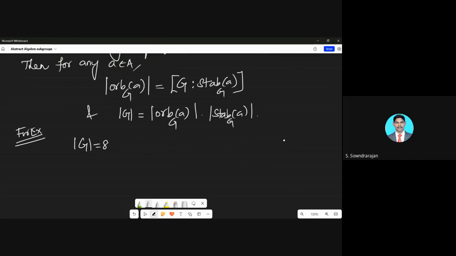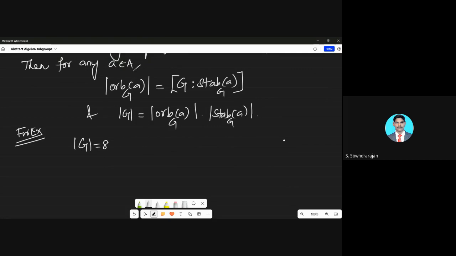Okay. So up to now, we have discussed several concepts, starting from Lagrange theorem, problems based on orbit, stabilizer, and mainly subgroups, and how to use the order of an element and order of a group to solve these.